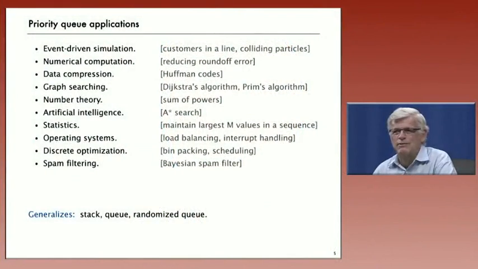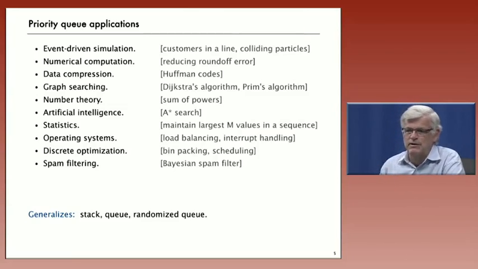And that turns out to be very close to a generic algorithmic design technique that we'll be looking at in many, many different applications. Today we're going to talk about event-driven simulation, which is an interesting idea that is based on priority queues, but it's also used in numerical computation, and we'll see in the algorithms for data compression and graph searching that it's useful, and in many other applications in computer science and in scientific computing.